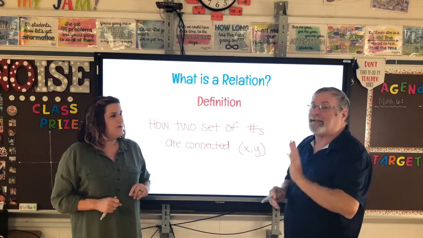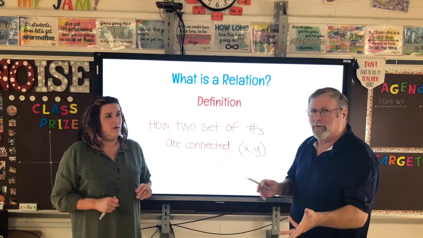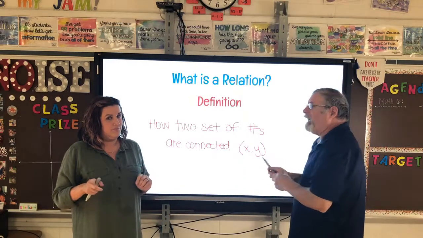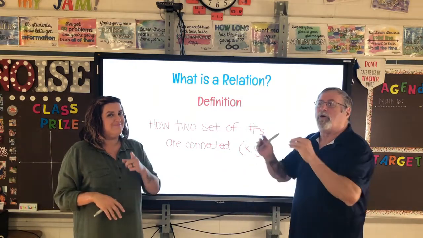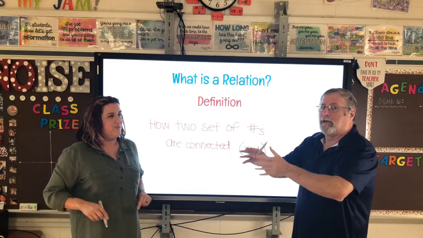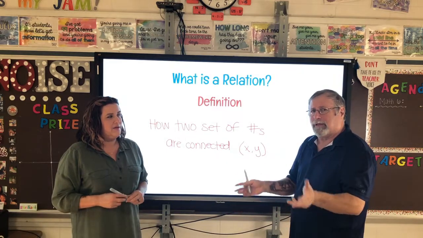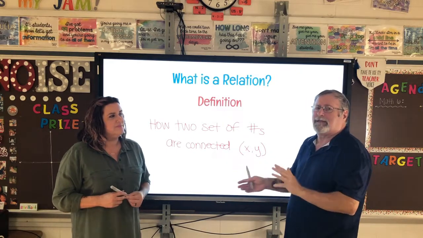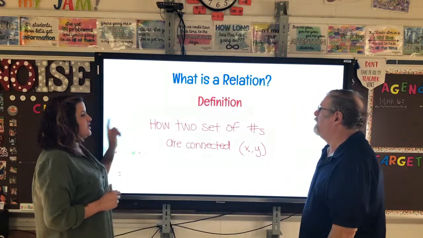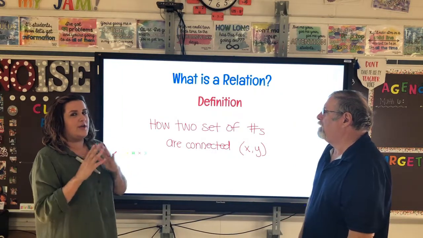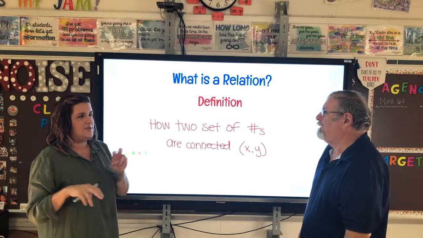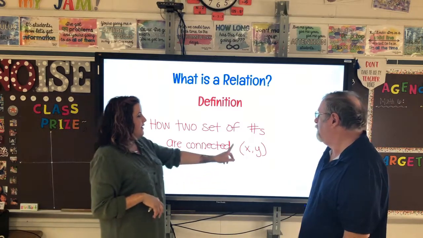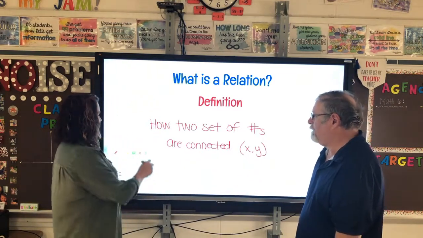So X would be the distance you are away, and how is that related to the Y? How long it takes you to get here. Related, connected, kind of mean the same thing. So relation, again, how two sets of numbers are connected, and we usually represent those as input, output, or that XY scenario.